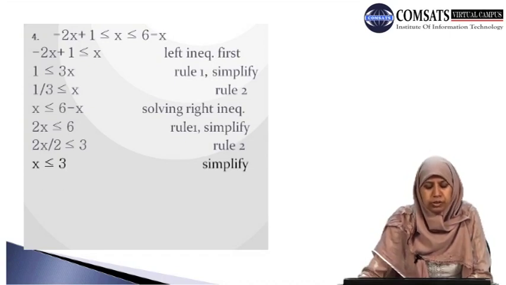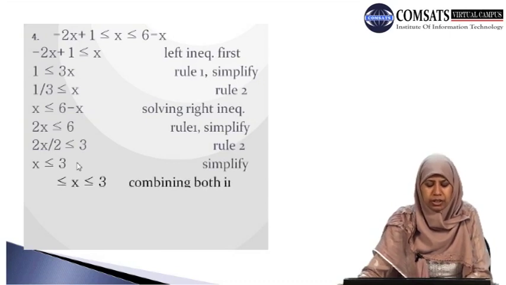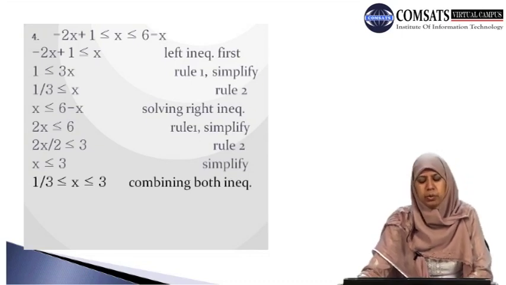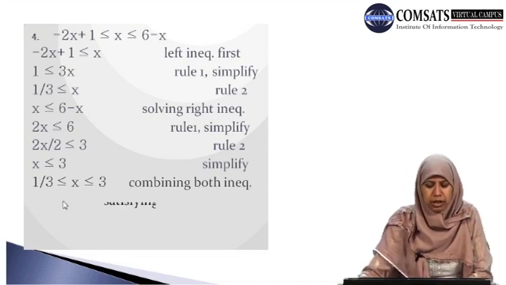So we have solved the left side first and then the right side, and now we combine these two solutions, that is 1 by 3 is less than or equal to x and x is less than or equal to 3, to obtain the points where this inequality holds.